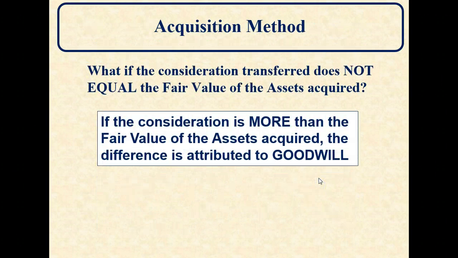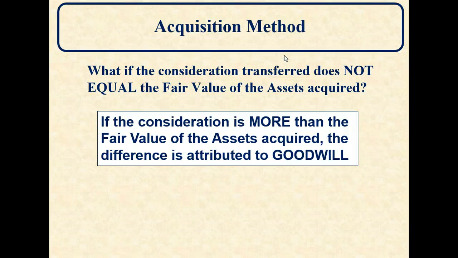Now, acquisition method is the manner in which we're going to create these consolidated financial statements. If the consideration that an acquirer pays for a company does not equal the fair value of the assets, oh no, what are we going to do?